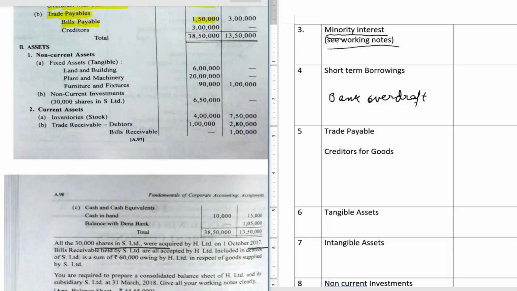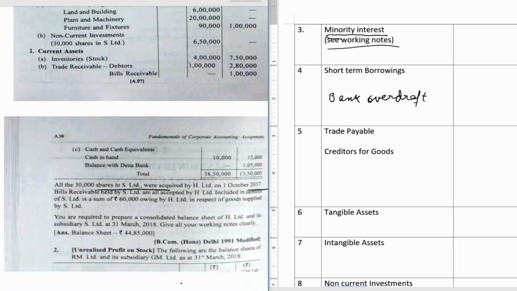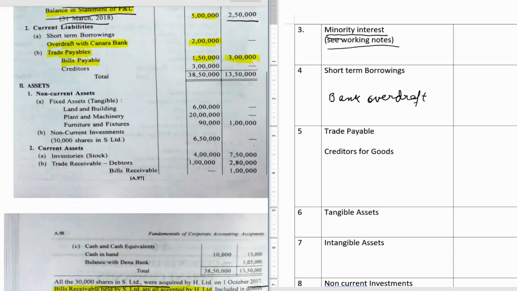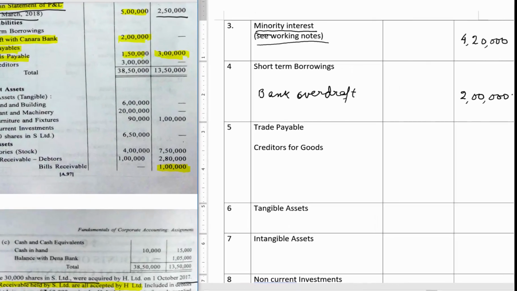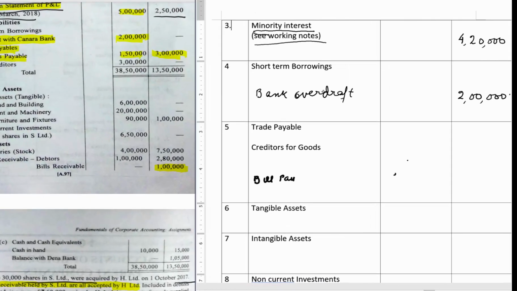The additional information gives us that bills receivable held by S Limited are all accepted by H Limited. In the question, bills receivable of S Limited is given as 1 lakh.